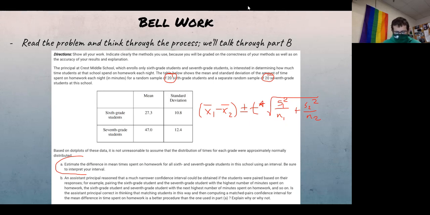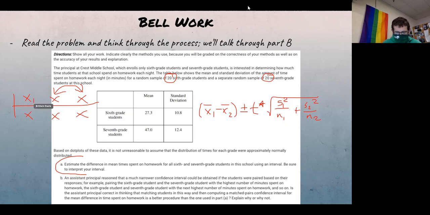So remember, you initially have a random group of homework times. I'm just going to use 3 6th graders and 3 7th graders. And it doesn't matter the order that we put these guys in. So what we are suggesting is let's superimpose an order onto this. And now we're going to put the highest right here.